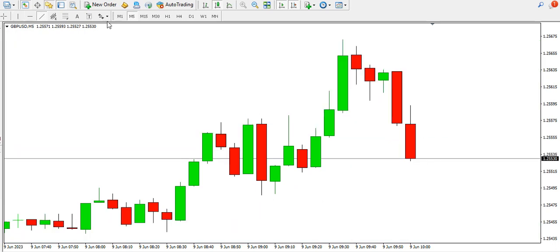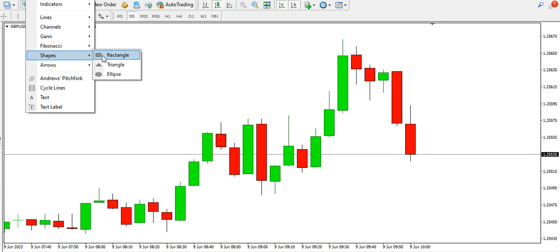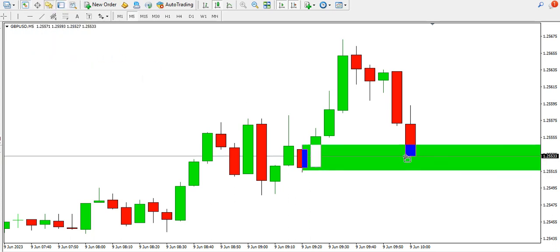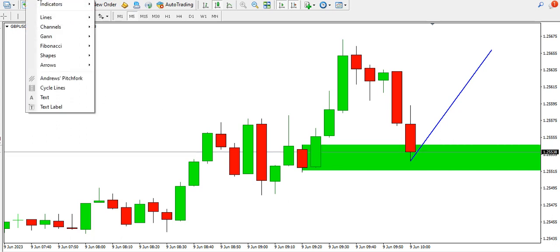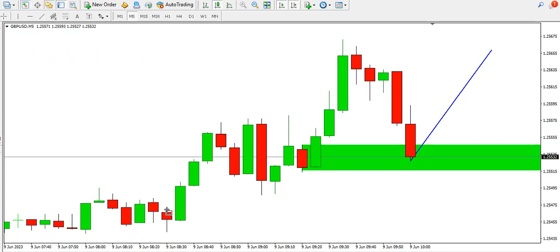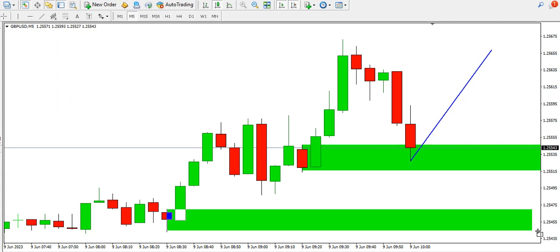Let's take a quick look at it. This order block might be tested, and we might have a bounce at this current level to the top, or we might have a test of the next order block, and we might have a bounce.